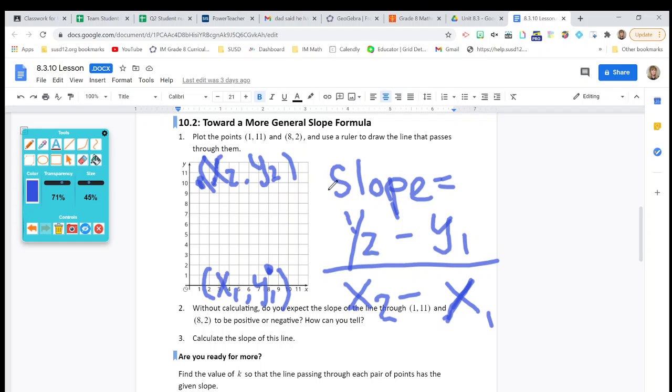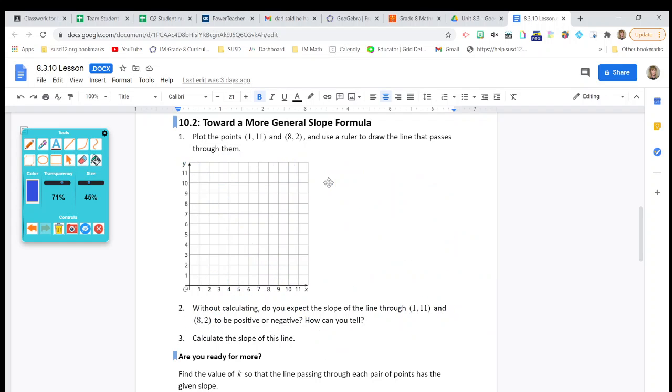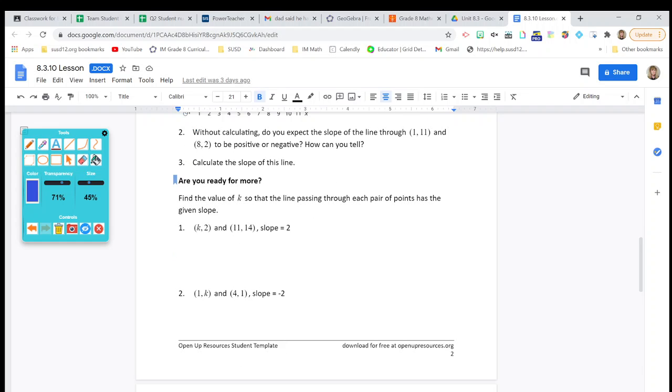If you label your points, it'll help you keep it straight. Then you can find the slope of the line between those points. Pause the video and do it yourself using the points they gave you in the problem. Now I'm going to keep going.